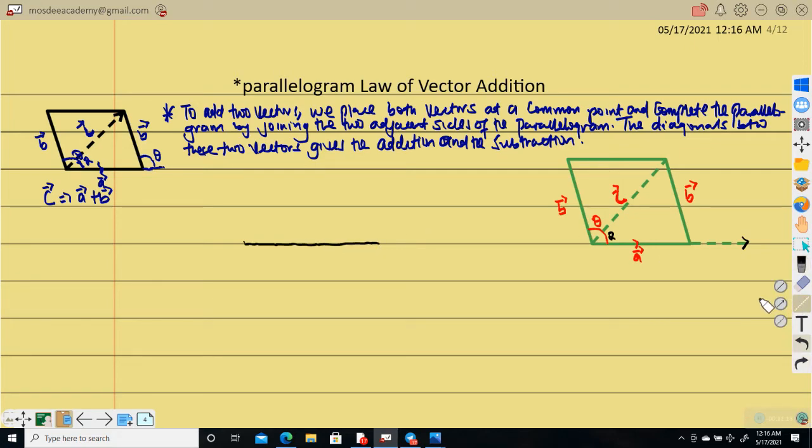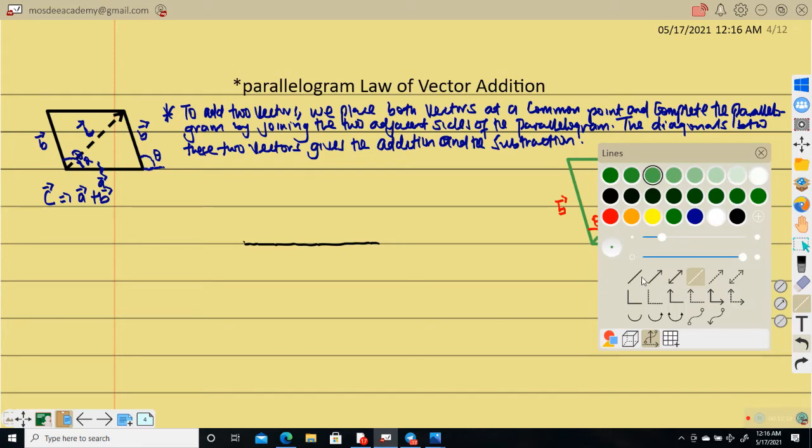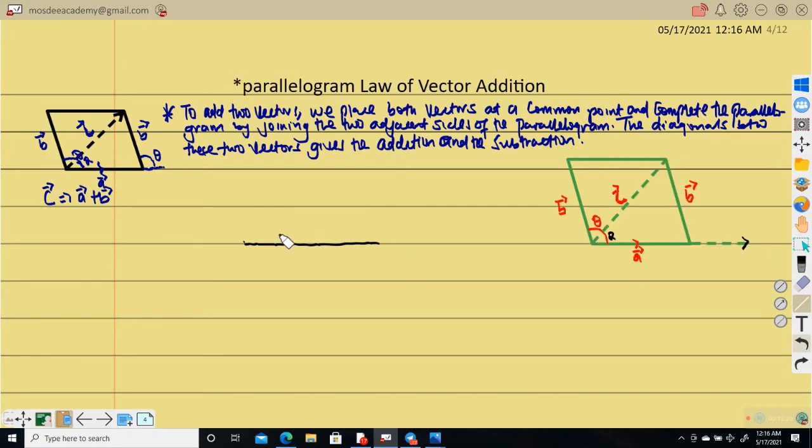Then let me do something. Okay, I think it will be better like this. Then we take this one like this. Just the same diagram, but I just want it to be straight. Take the other one like this too. We join this to this. I'm still doing the same thing, just want everything to be neat.